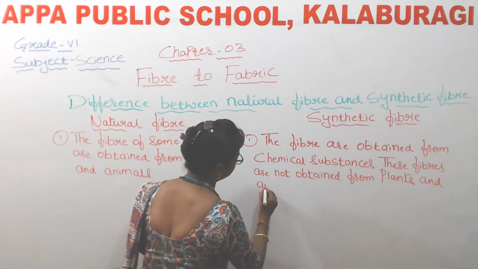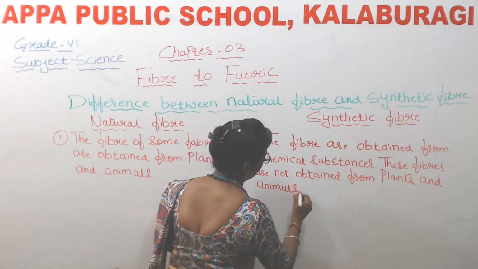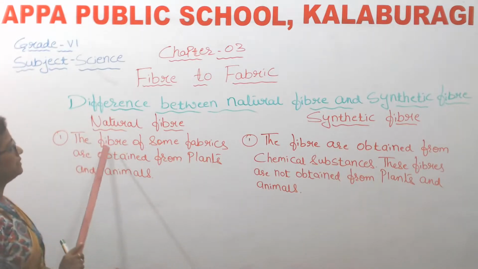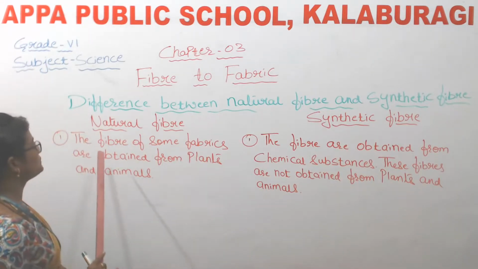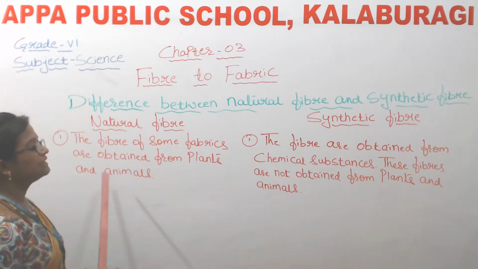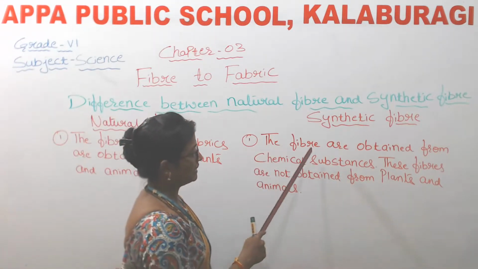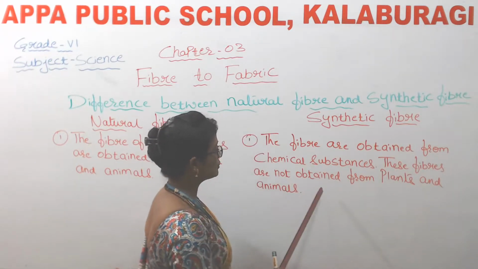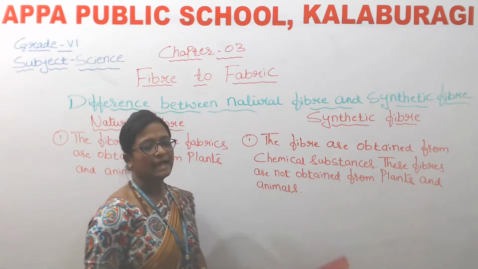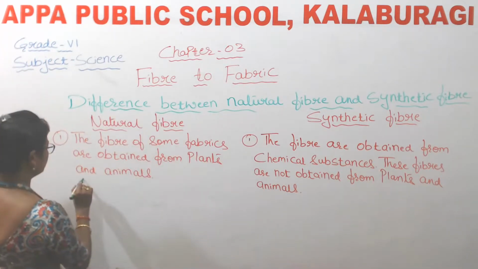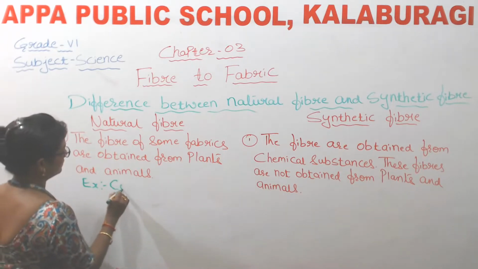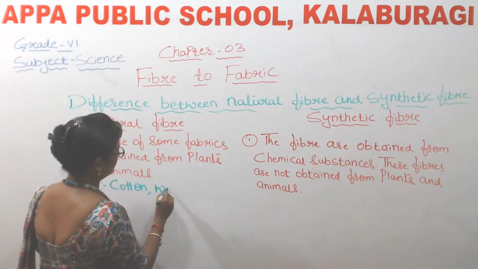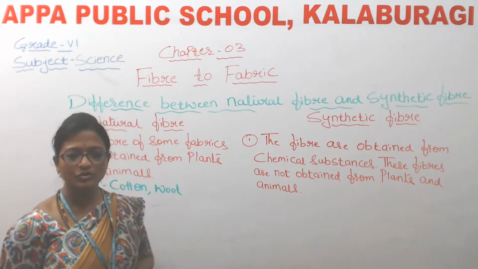Okay. So the first difference is that here the fibers of some fabrics are obtained from plants and animals, and here the fibers are obtained from chemical substances, and these fibers are not obtained from plants and animals. And the examples: cotton you can write, wool also you can write.